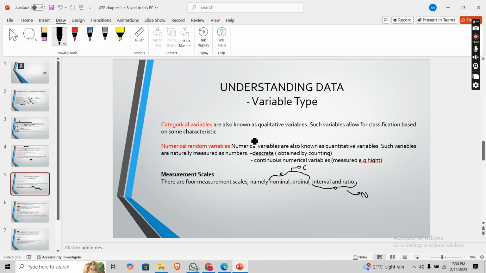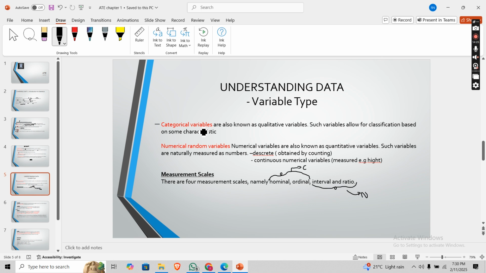And now we're going to move to understanding data. So we have two types of data, okay? We have categorical random variables or categorical data, and also we have numerical random variables or numerical data, okay?